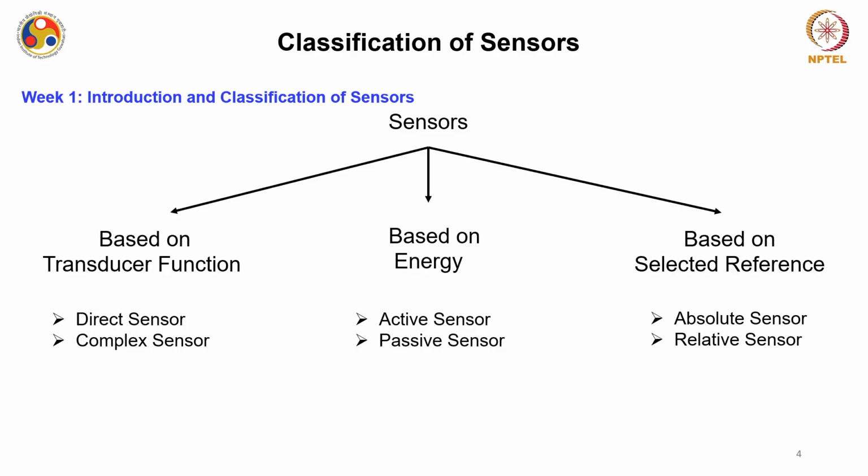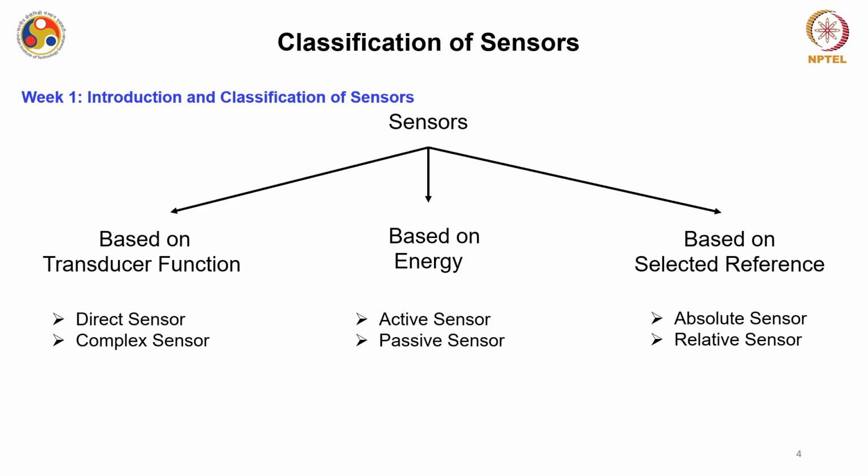Then after this introduction, we talked about different ways to classify sensors. The 3 ways were based on the transducer function, based on the energy that they require, and based on the selected reference.